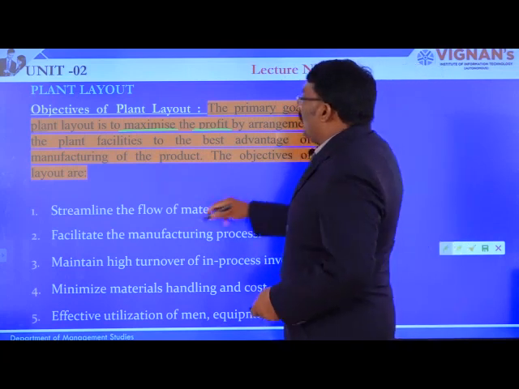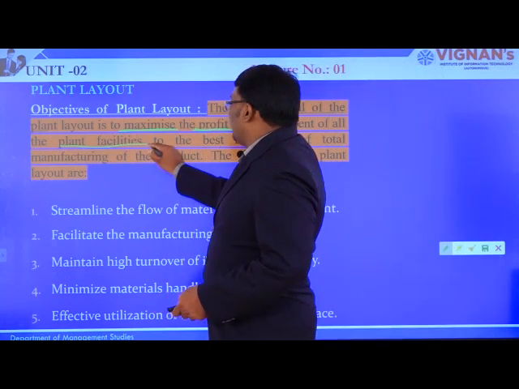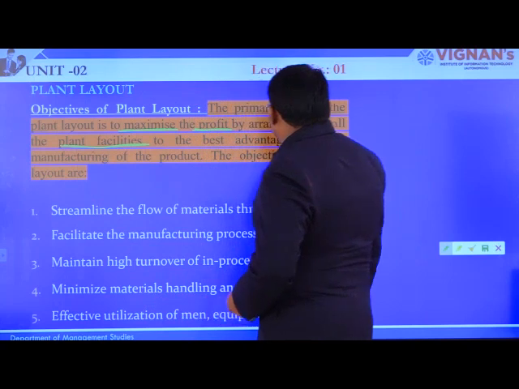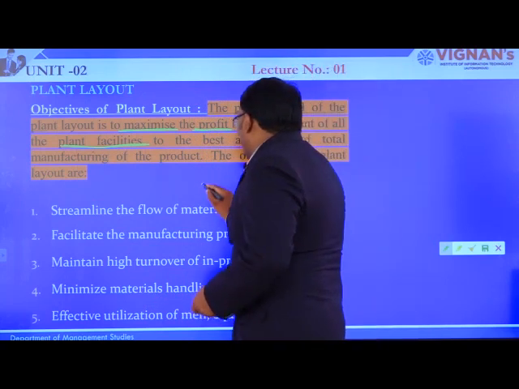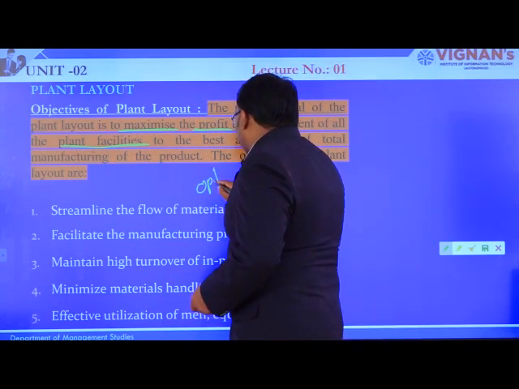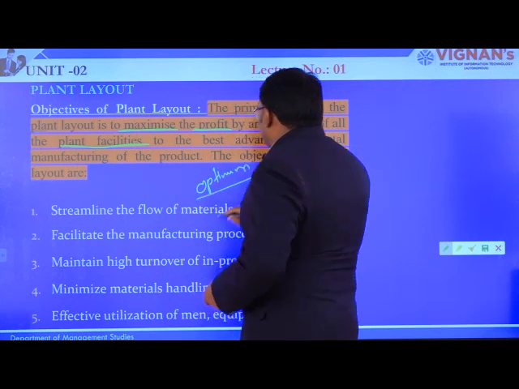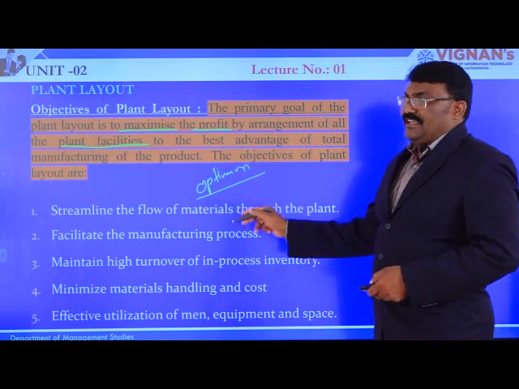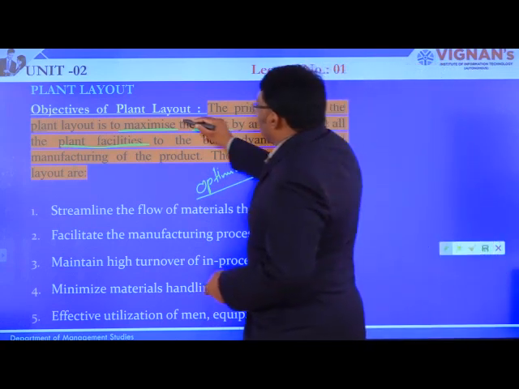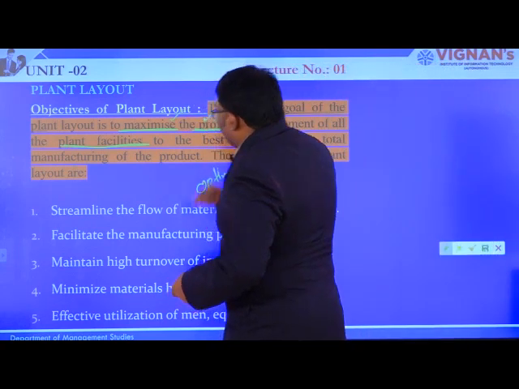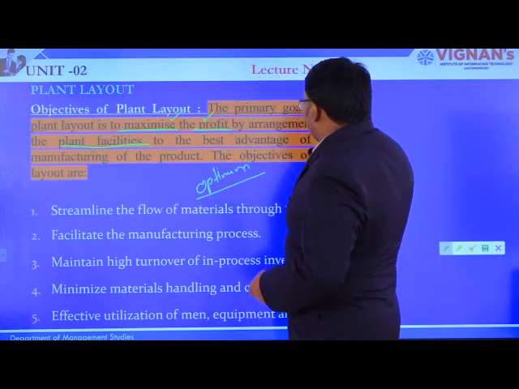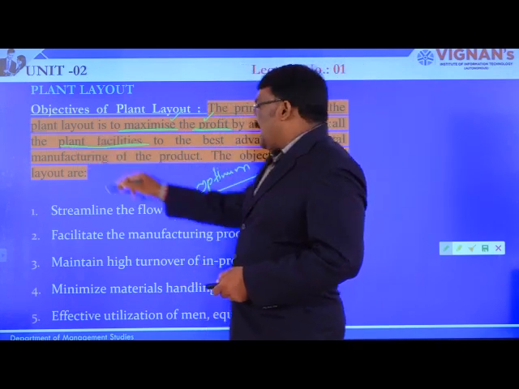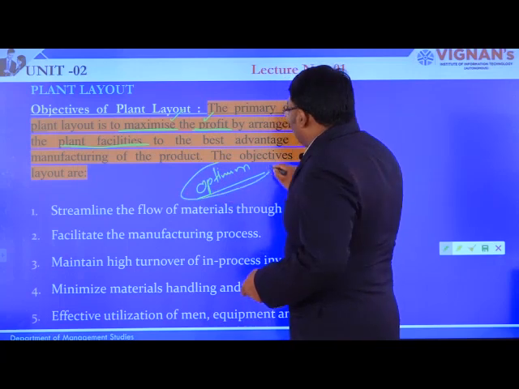By arranging all the plant facilities at the most optimum level, that we have seen just now in the previous slide. So, an optimum level of plant layout will provide us the maximization of profit, by arranging all the plant facilities at the optimum level.